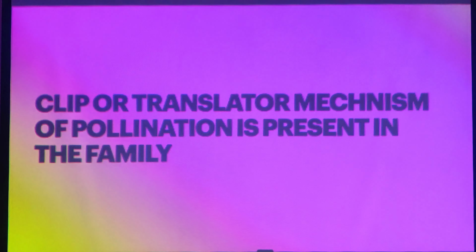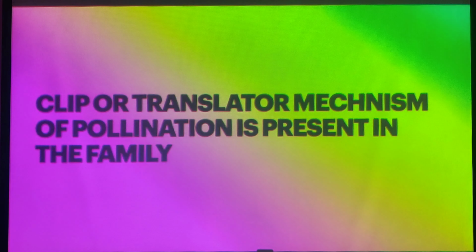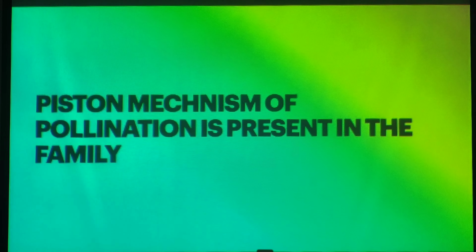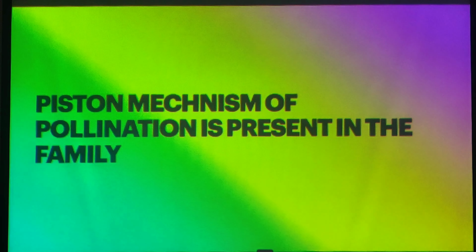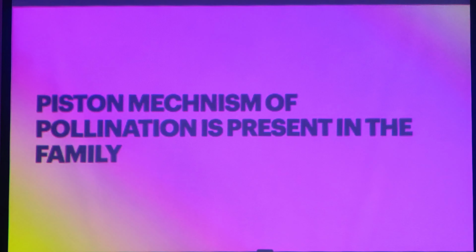Pitfall mechanism of pollination is present in the plant Arum. Clip or translator mechanism of pollination is present in the family Asclepiadaceae, that is Calotropis. Piston mechanism of pollination is present in the family Papilionaceae.